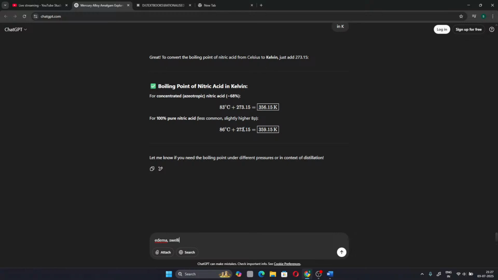Swelling of cells due to osmosis in people taking high salt content.